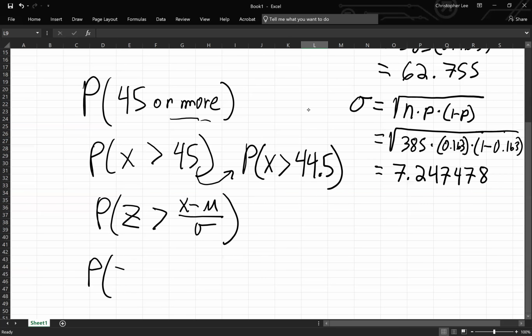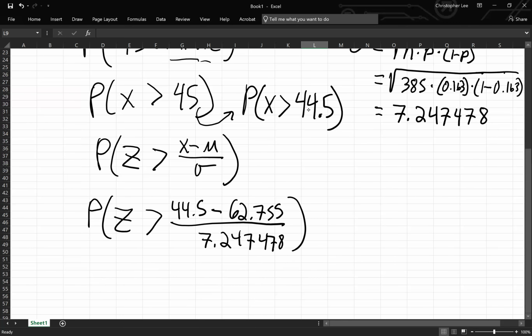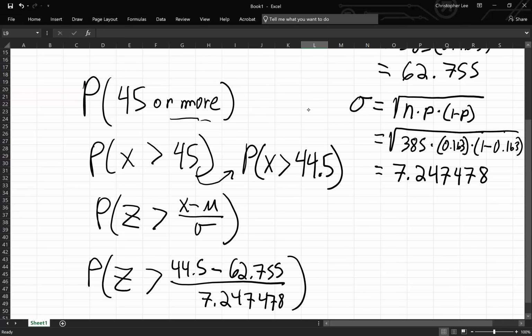So we got probability of z greater than 44.5 minus the mean, which is the 62.755, divided by the standard deviation, which is 7.247478. Y'all know I don't like to round, so that's why I do that, right? So all I'm doing is the numbers I found, I'm plugging them into the formula right here. That's all.